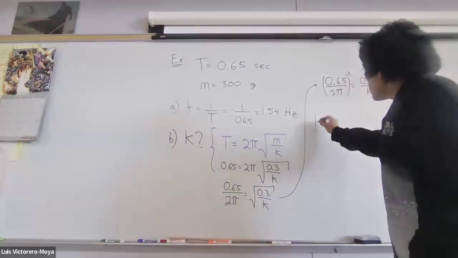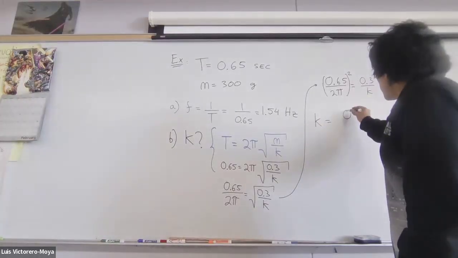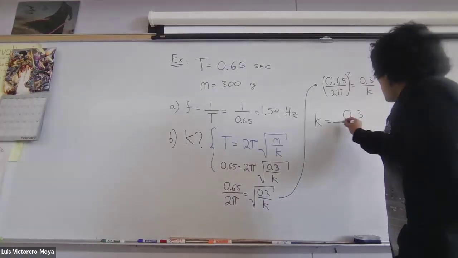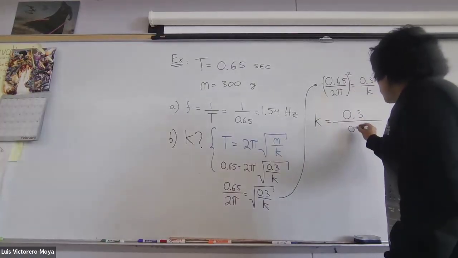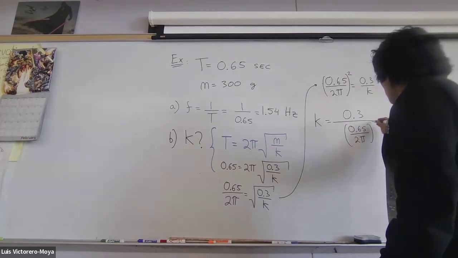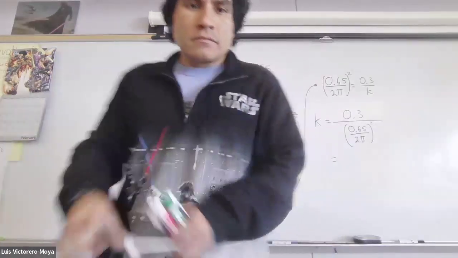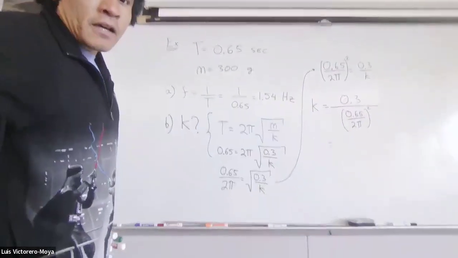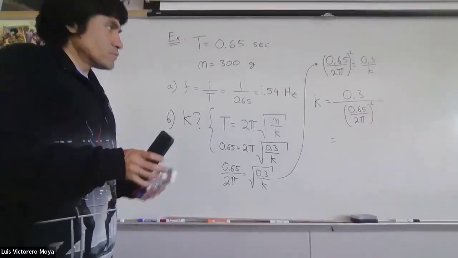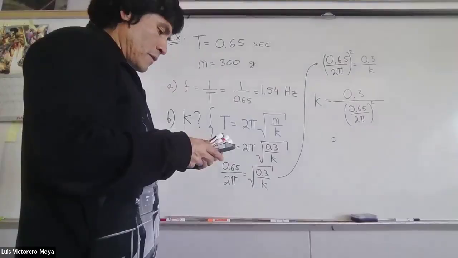And then k is 0.3 all divided by 0.65 over 2 pi squared. You can see that in there. Let's see, we have to be careful with these numbers.